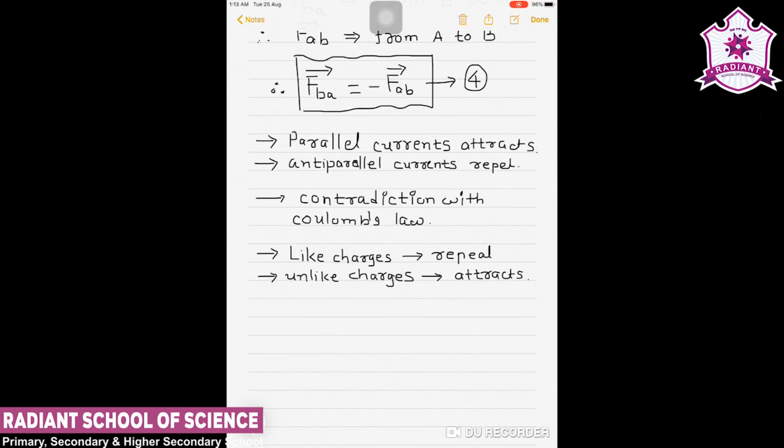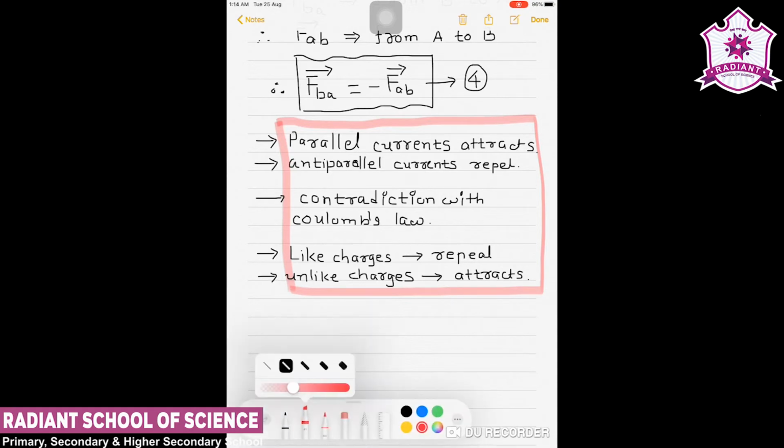So it is opposite to electrostatics or Coulomb's law. But this part is important for understanding, and therefore we must remember this portion as general knowledge, which is useful for the examination.